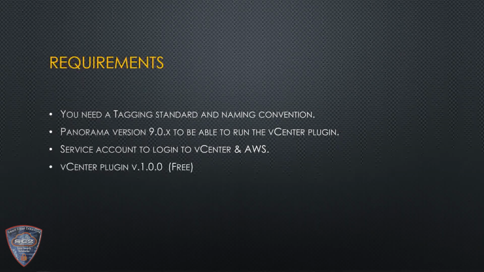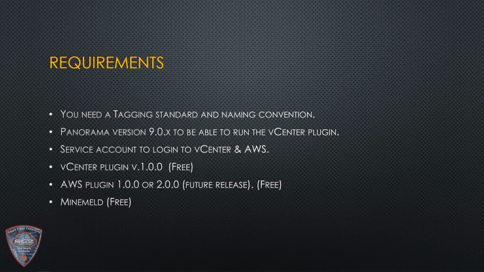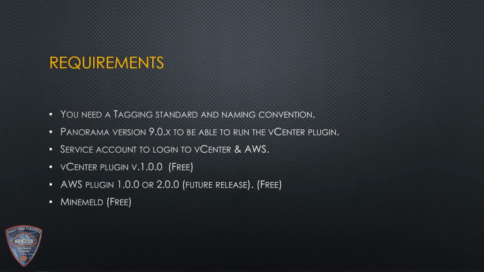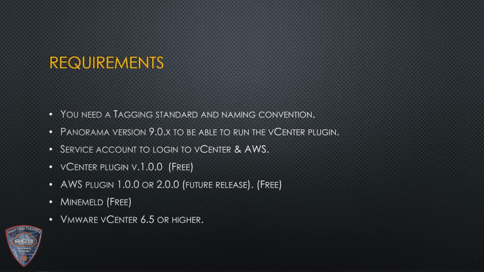You will need vCenter plugin 1.0.0, which is free, and the AWS plugin 1.0.0, which is also free. And then 2.0.0 will be released in the near future. MineMeld, you will be using that to populate the external dynamic list. And in order for Panorama to pull the tags from vCenter, vCenter needs to be running at least version 6.5 or higher.